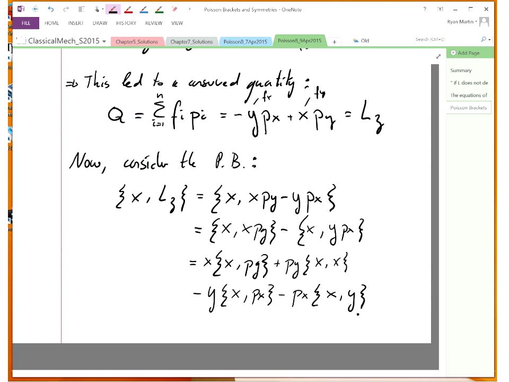Okay, so I'm using the properties from equation 737 that tell us how to break up sums and products inside of Poisson brackets. So that's equation 737.